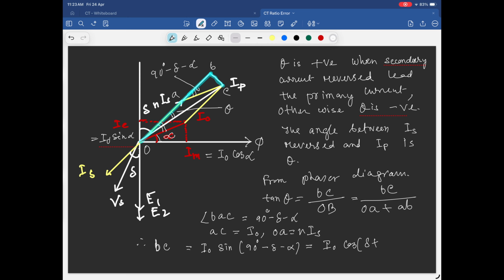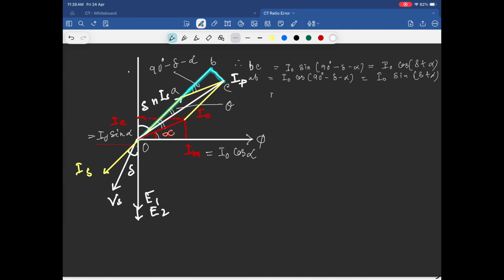BC is equal to I0 sin of 90 degrees minus delta minus alpha, so this is equal to I0 cos of delta plus alpha. And AB is equal to I0 cos of 90 degrees minus delta minus alpha, so this is equal to I0 sin of delta plus alpha. And OA is equal to NIS.